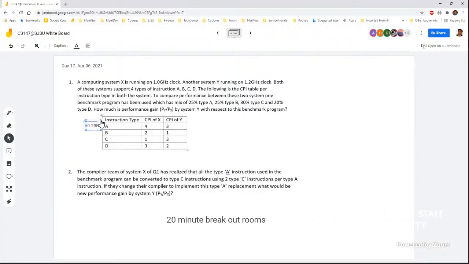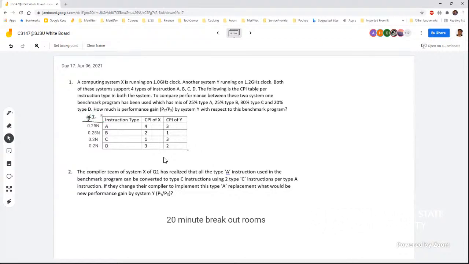And then B is also 25%. C is 30%, so this is 0.3 n. And D is 20%, so 0.2 n, right? So this many instructions are there. We are just dividing them into different classes. So this is my number of instructions per class, okay?